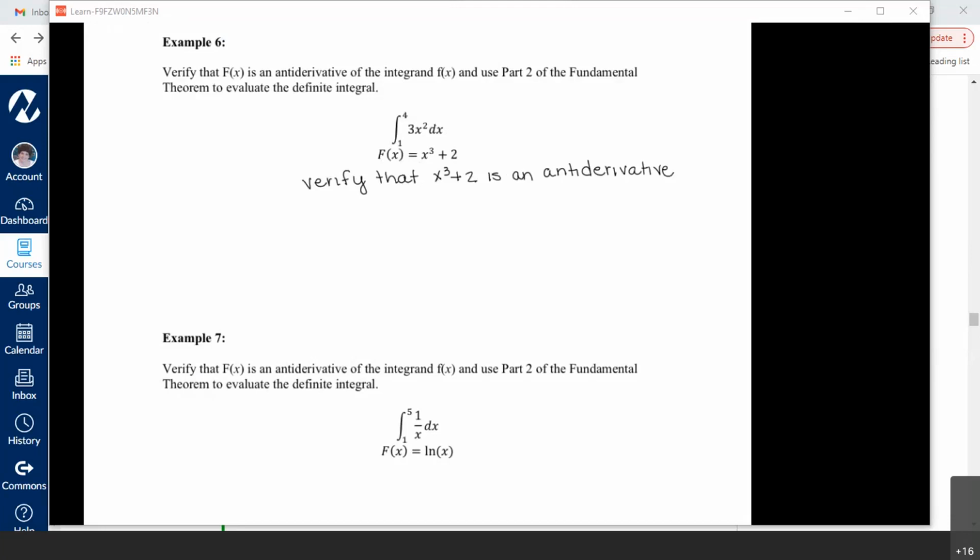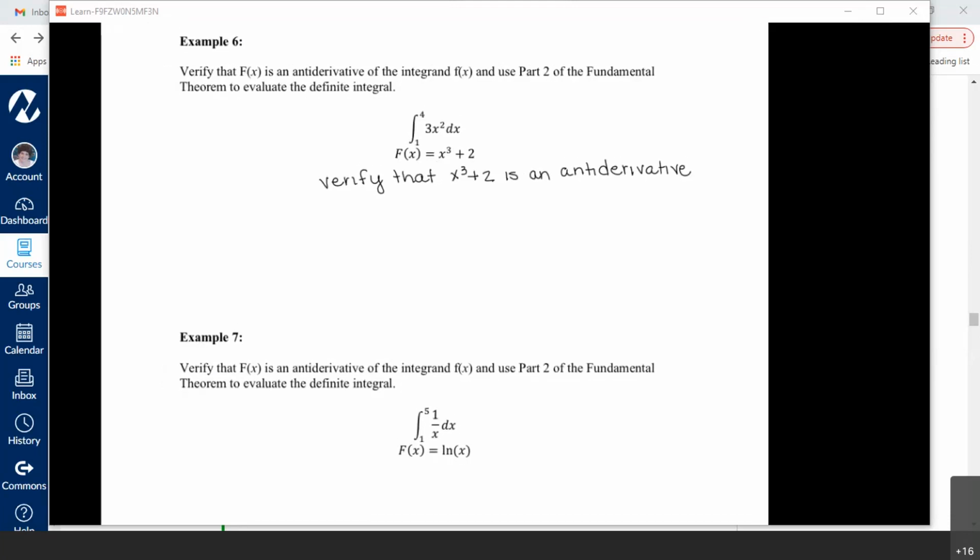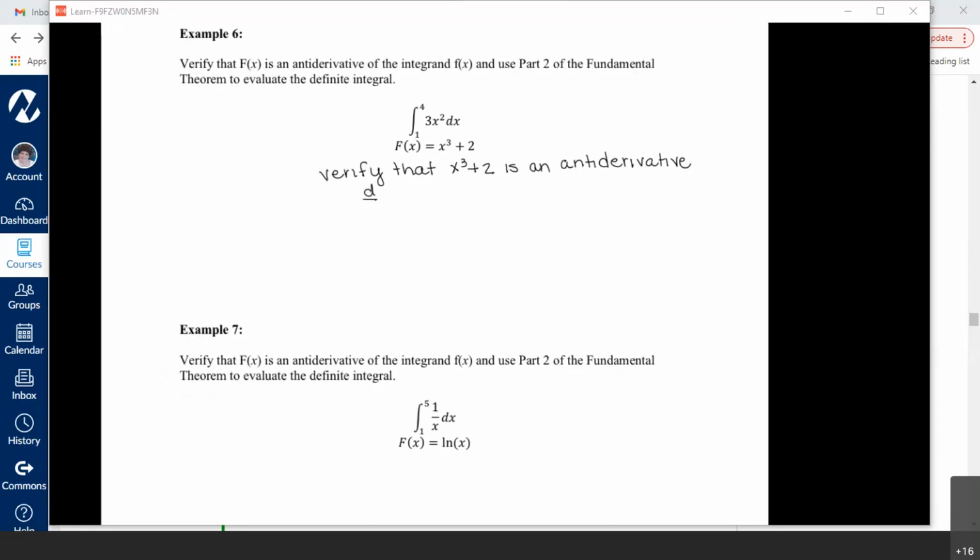So how would I do that? Well, I could start by differentiating it. The d/dx means take the derivative with respect to x. And what does that give me?